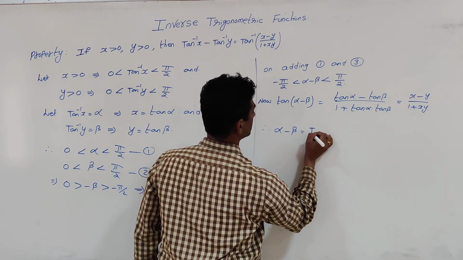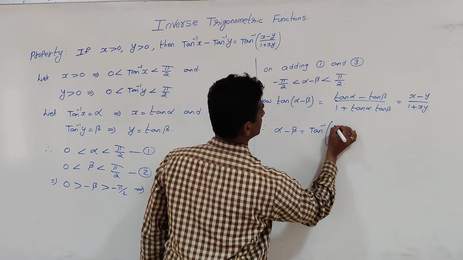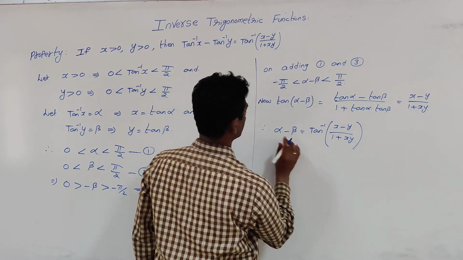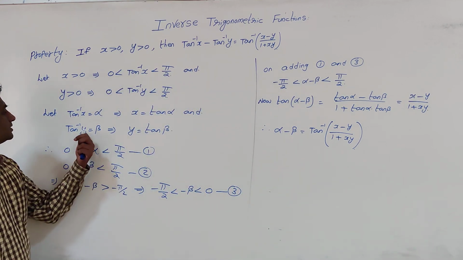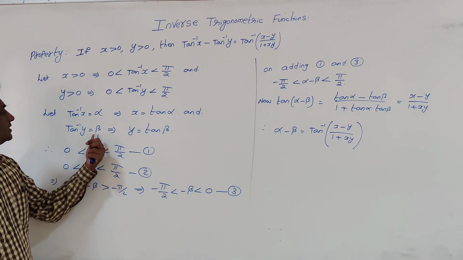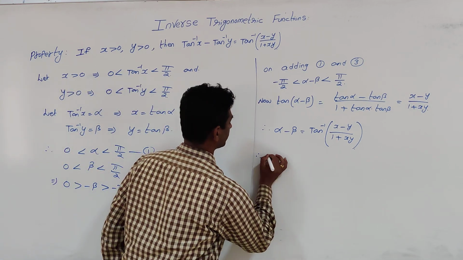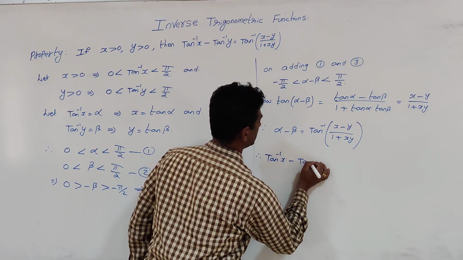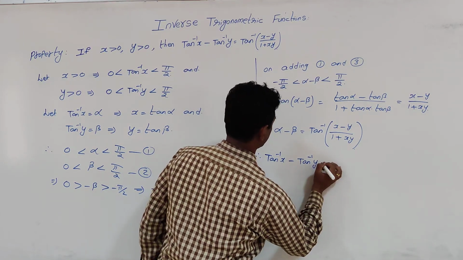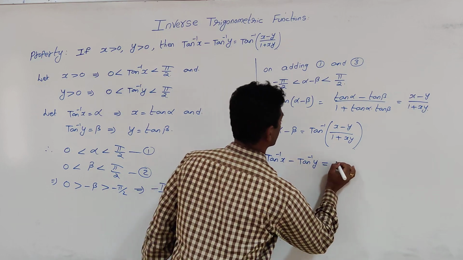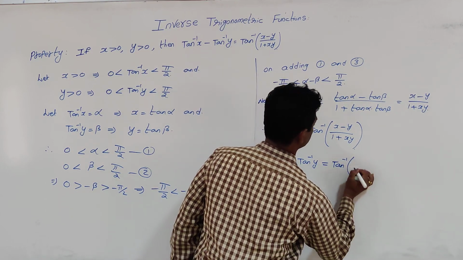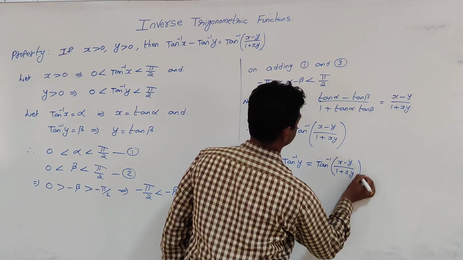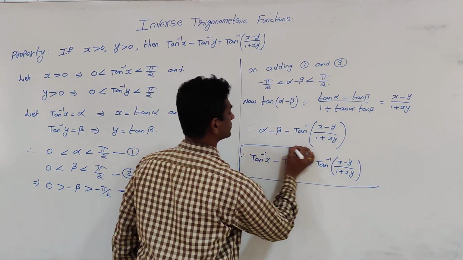It will be tan inverse of (x minus y) by (1 plus xy). But what is alpha? Alpha is tan inverse of x and beta is tan inverse of y. So therefore, tan inverse of x minus tan inverse of y is equal to tan inverse of (x minus y) by (1 plus xy).